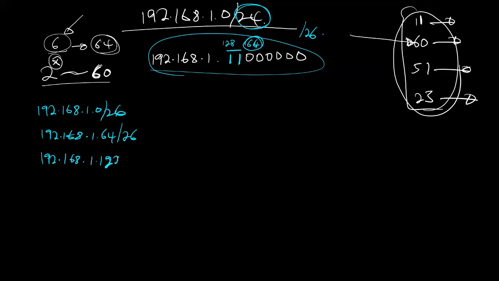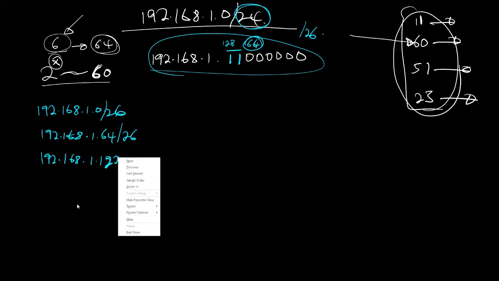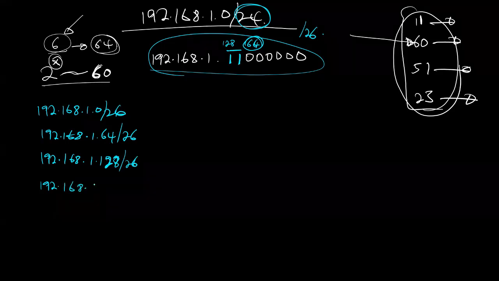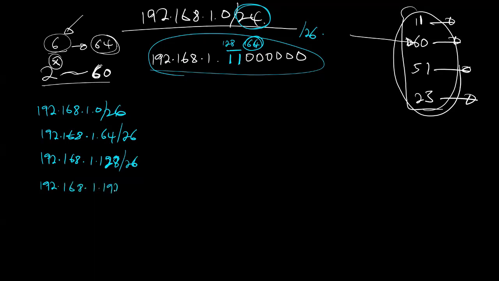Is it 128? 128. /26, yes. And then 192.168.1.192/26. We have made 4.